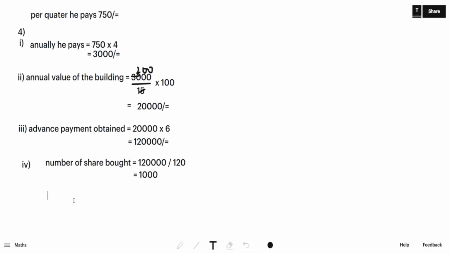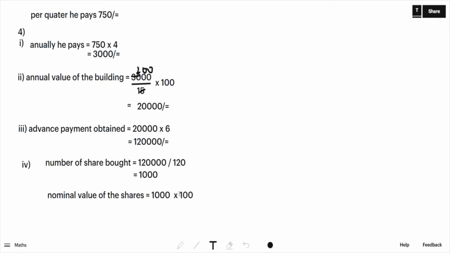Now let's find the nominal value of the shares. In order to find the nominal value of the shares, we should multiply the number of shares, which is 1,000, by the nominal value of each share, which is 100 rupees.